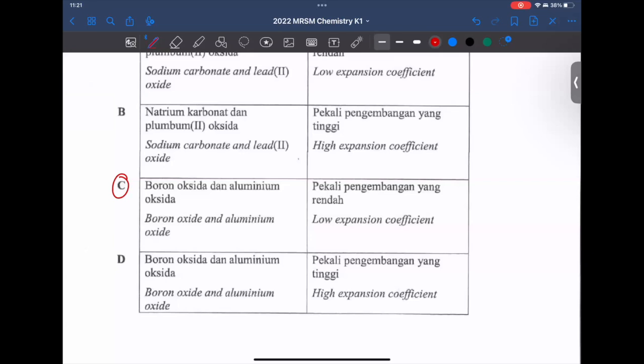Most substances in this world, when they're heated, will expand. So when we want a substance to be able to resist heat, it should have a low expansion coefficient. Since I refer this to borosilicate glass, which must expand less, C is the best answer. Boron oxide and aluminum oxide correspond to borosilicate glass, and a low expansion coefficient means it's more heat resistant. So the answer is C.